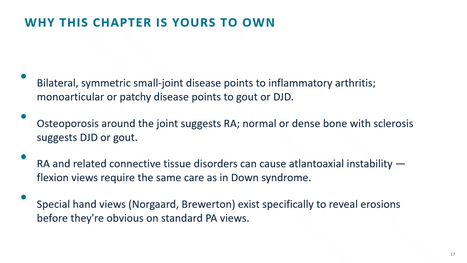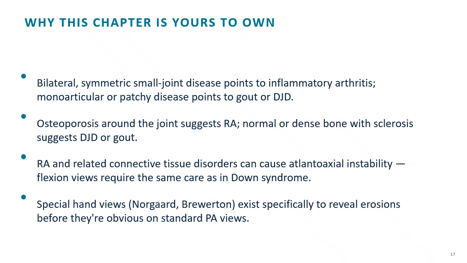Articular osteoporosis is an important clue for rheumatoid arthritis. In osteoarthritis, the bone beneath the damaged cartilage becomes denser, and it's going to produce what we call subchondral sclerosis. And in terms of gout, the bone density might remain or appear normal even when some of those erosions are present.